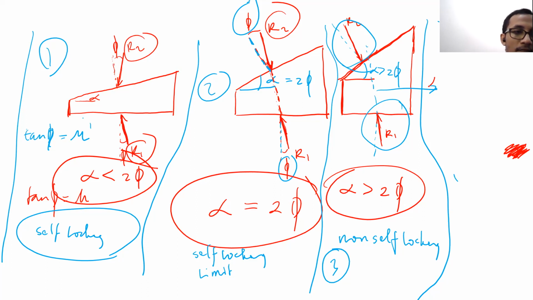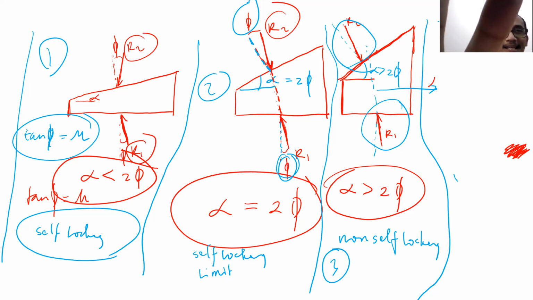That's why we have tangent phi there. Tangent phi is equal to mu, right? That's why there is a mu here. So it's not 90 degrees to the wedge. The 90 degrees to the wedge is the normal force. R is a combination of normal force and friction force. How can it be 90 degrees? Do you get it? Normal force is always 90 degrees to the surface, but R has two components, normal force and friction force.